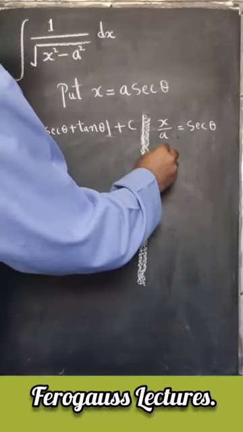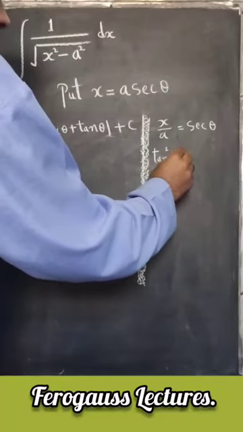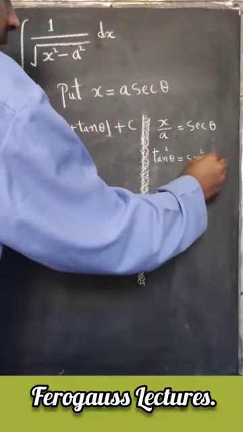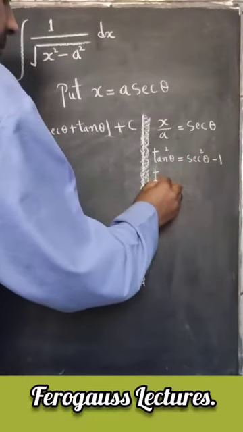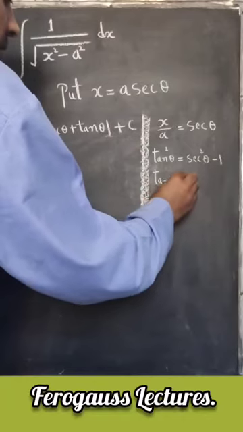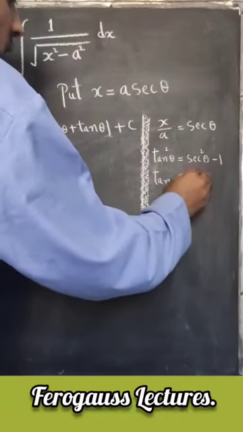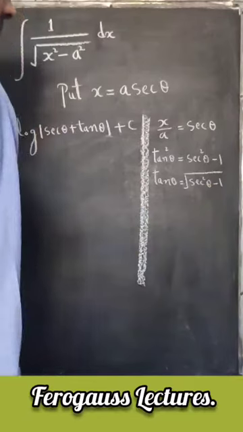Also we know that tan square theta is equal to secant square theta minus 1, or we can write tan of theta is equal to square root of secant square theta minus 1.